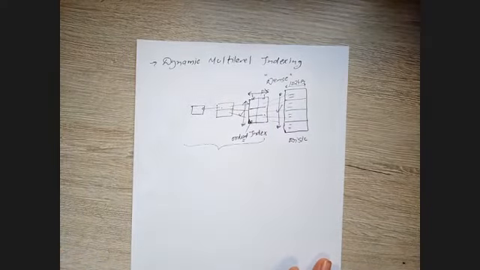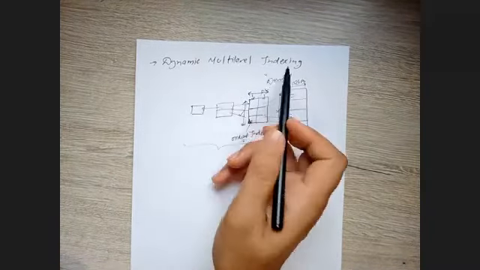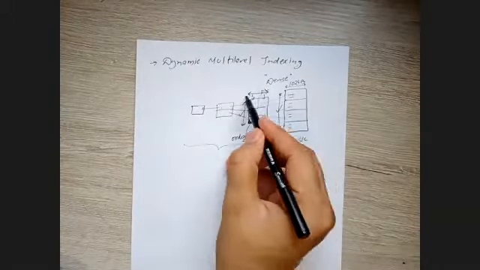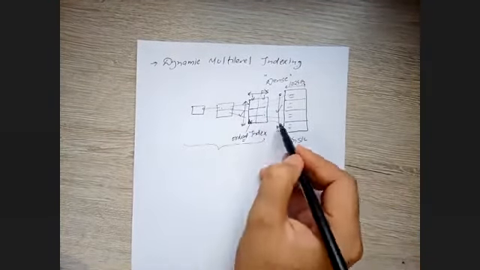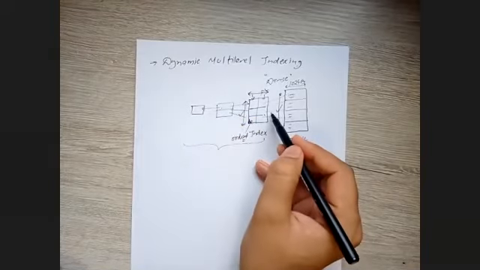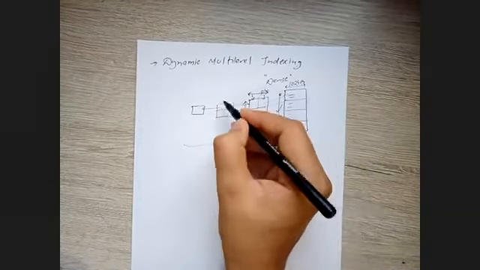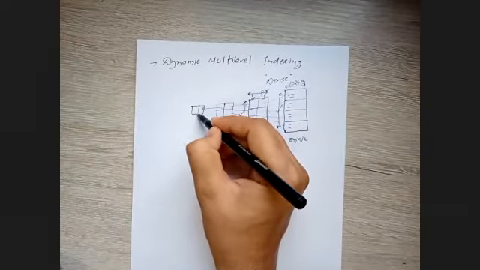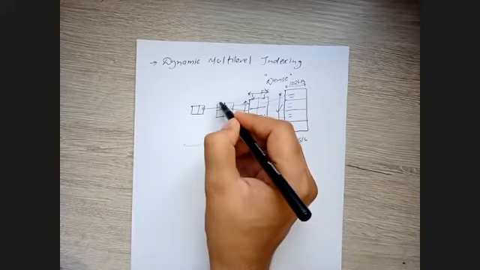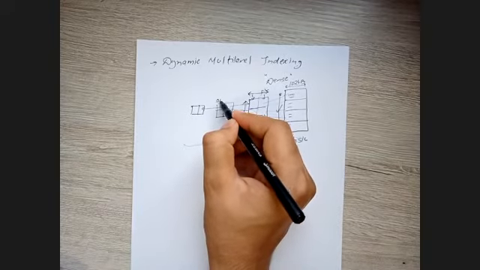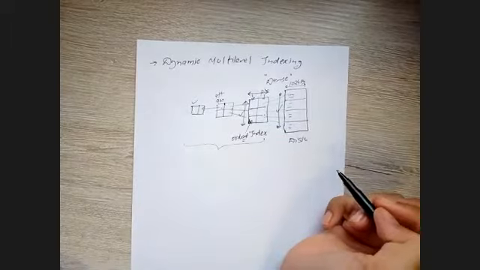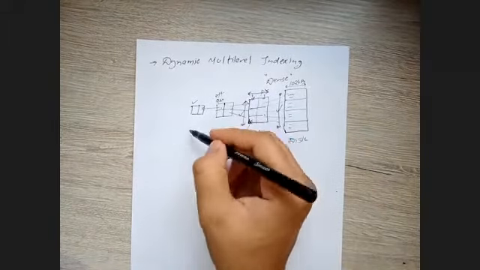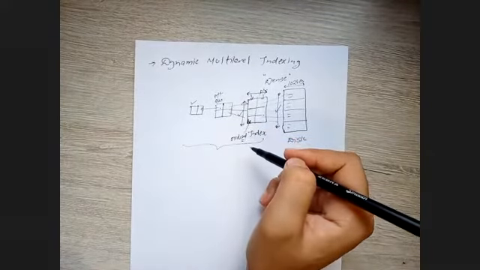Right now, try to understand where this dynamic multi-level indexing comes in. It is in this part only, right? This multi-level indexing we manage, because here we understood that we have created and kept our anchor attribute, right? So these are all anchor attributes here. There also we have anchor attributes. Now if we want to search for an element in the anchor attribute, what do we have to do?